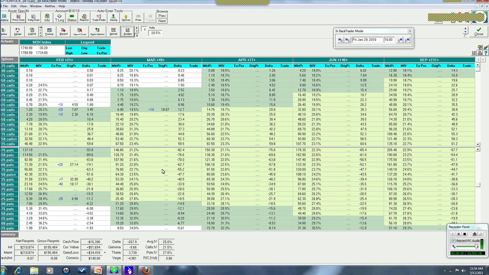Well, let me ask you this, Tony. Right now, you are very short vega and short delta. If you were positive delta at this phase of the trade, would you try to get positive vega? I don't know.